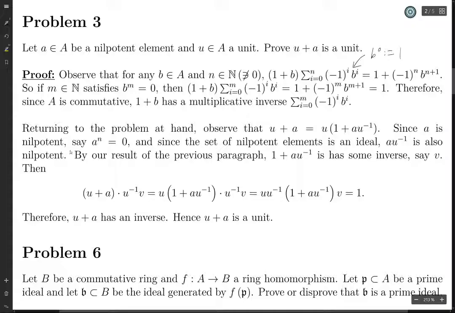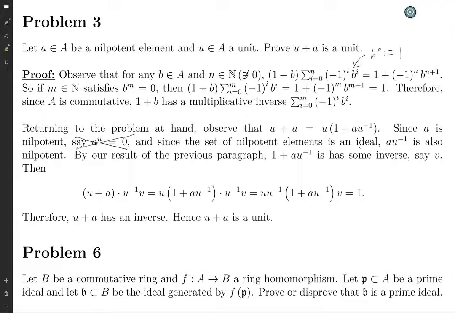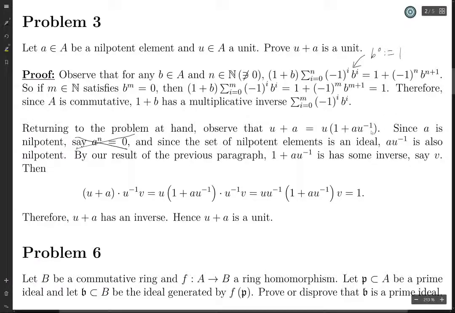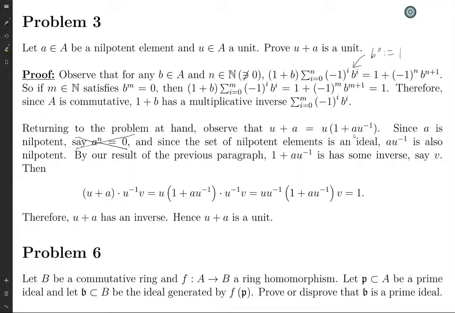Since A is nilpotent, there's some n, let's say A to the n is 0, and since the set of nilpotent elements is an ideal, I don't even need that calculation. When I was writing this, I was thinking that since A to the n is 0, then A U inverse to the n is A to the n times U inverse to the n, which is 0 times U inverse to the n.